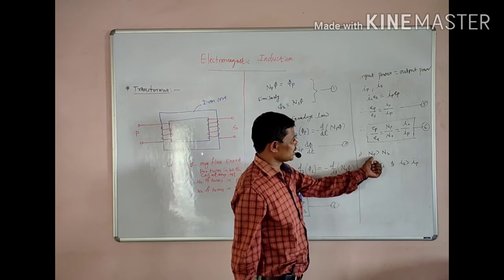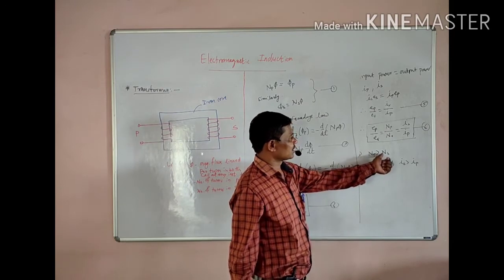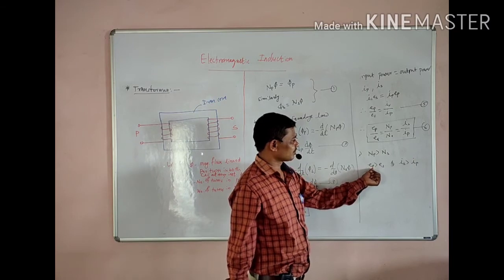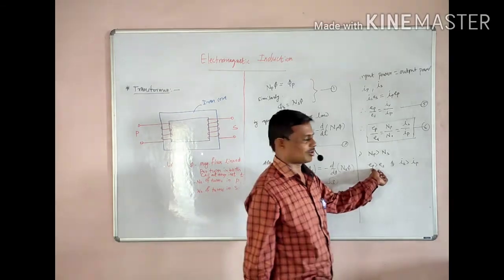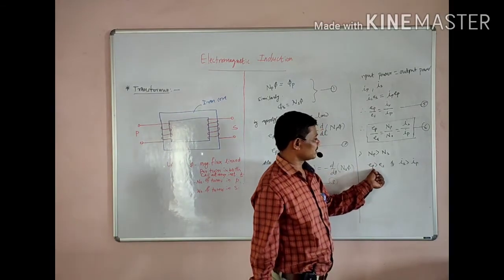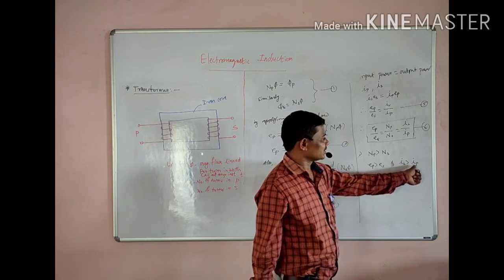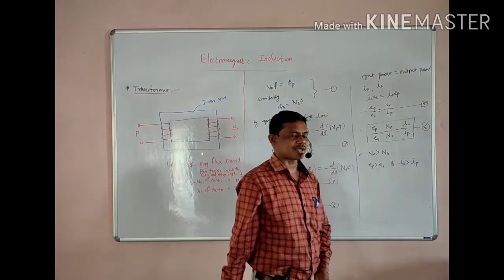The number of turns in the primary coil is greater than the number of turns in the secondary coil, so the EMF in the primary coil is greater. That means a step down transformer, and the current in the secondary coil is greater than in the primary coil.